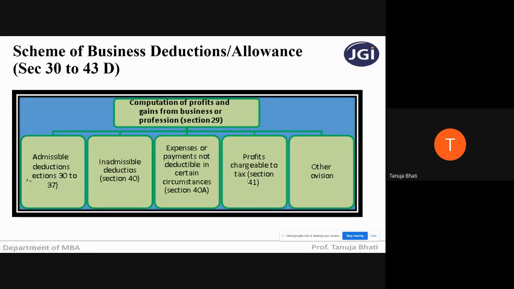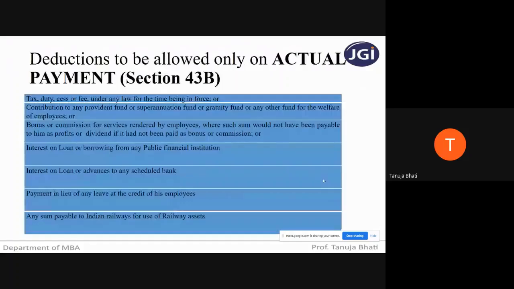Profits chargeable to tax, we saw cessation and remission of trading liability, subsequent recovery of bad debts. And in other provisions, we saw that certain expenditures are allowed only when the actual payment is made. So these are the several different sections where you know what particular type of expenditure is allowable and what is disallowable. Based on that, you all have to solve the sums.